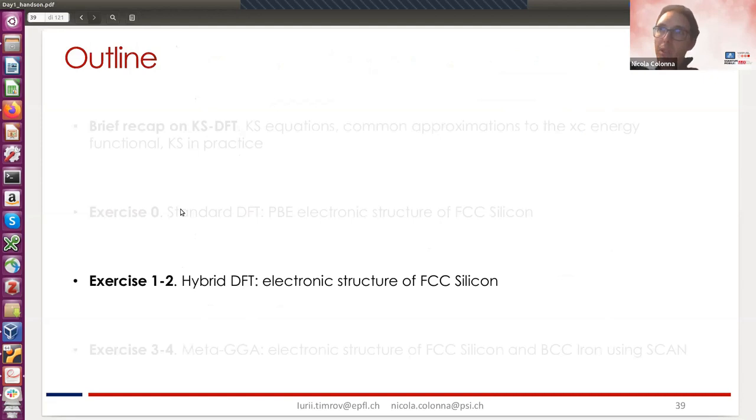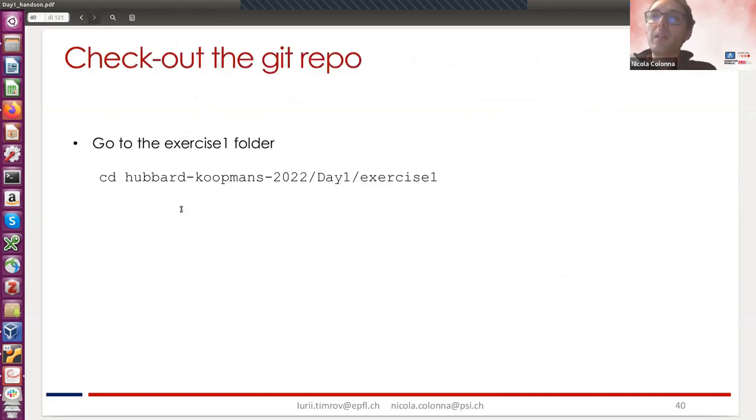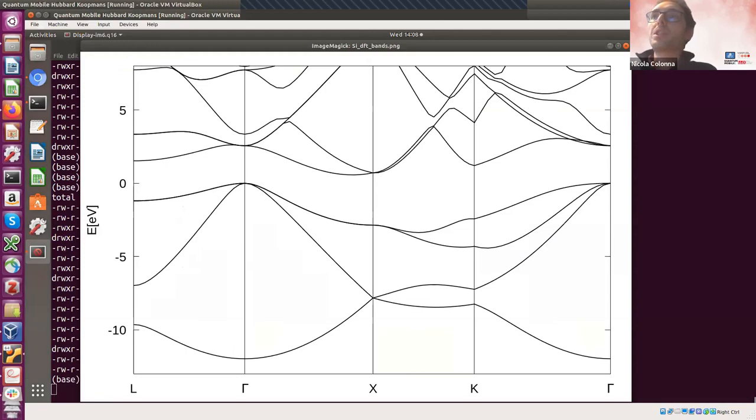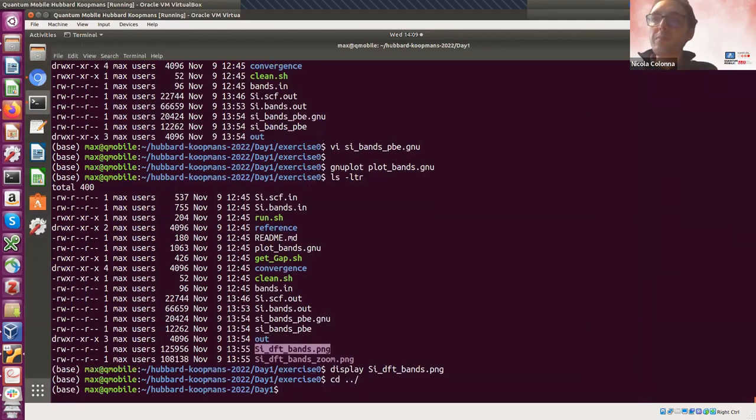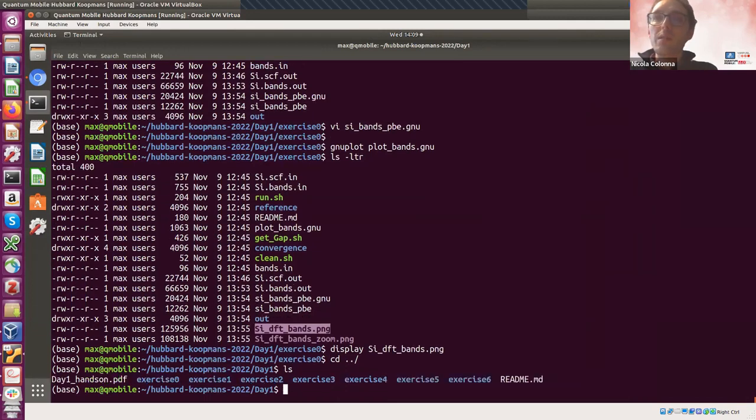Okay, so now we can really go and see what this calculation looks like. So let me go back to the virtual machine. Okay, this was the band structure of our silicon that we discussed. So let me go one folder up.